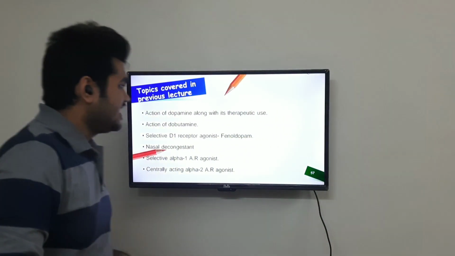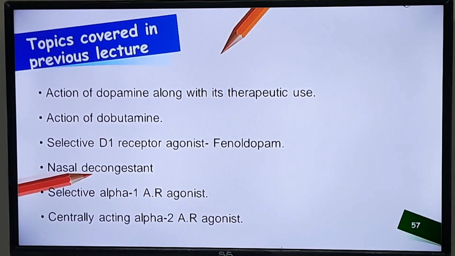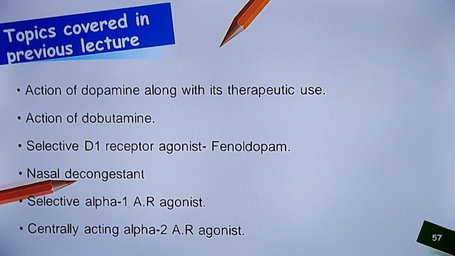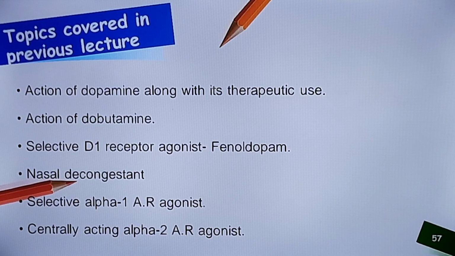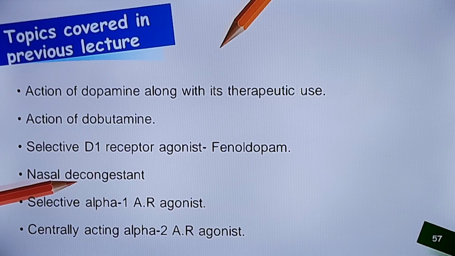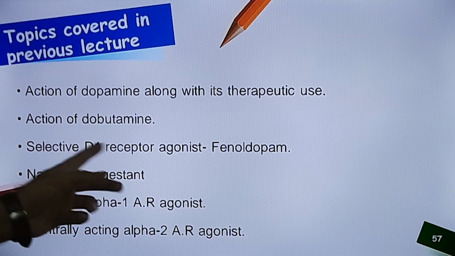Then we saw a more selective drug which is similar to our dopamine molecule, but it is not having any action on our D1 receptor. Its main action is on beta 1 adrenergic receptor, and the name of that drug is dobutamine. We talked about the selective D1 receptor agonist, and the name of that drug is fenoldopam.